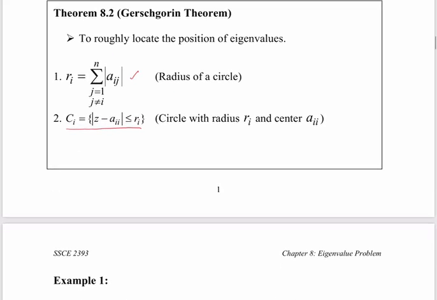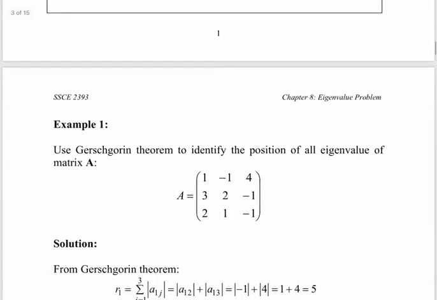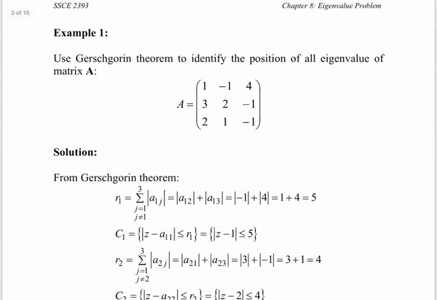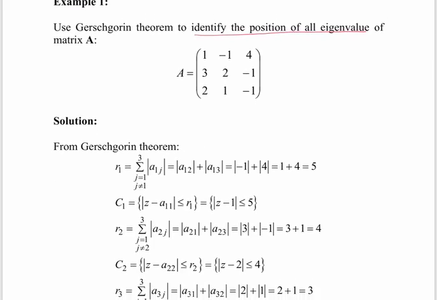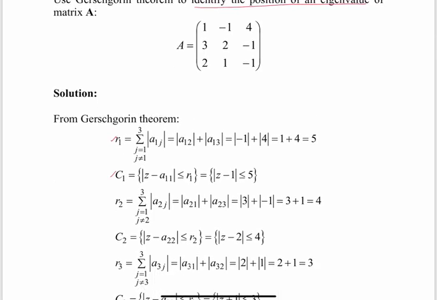Now let's say we want to apply this theorem. For example 1, use the Gershgorin theorem to identify the position of the eigenvalues of the given matrix. The first one, we find our radius R1, and then our center.